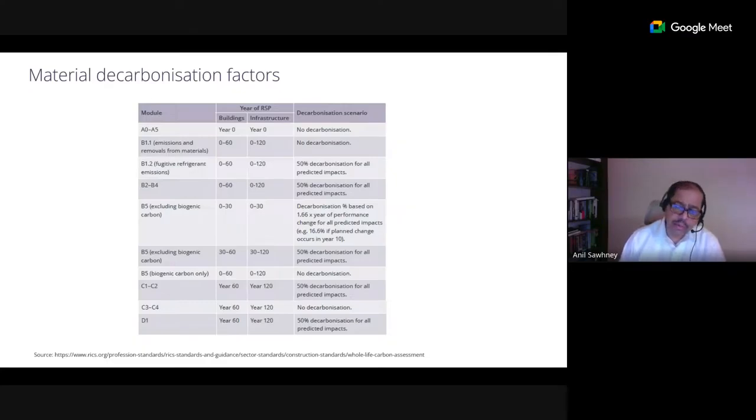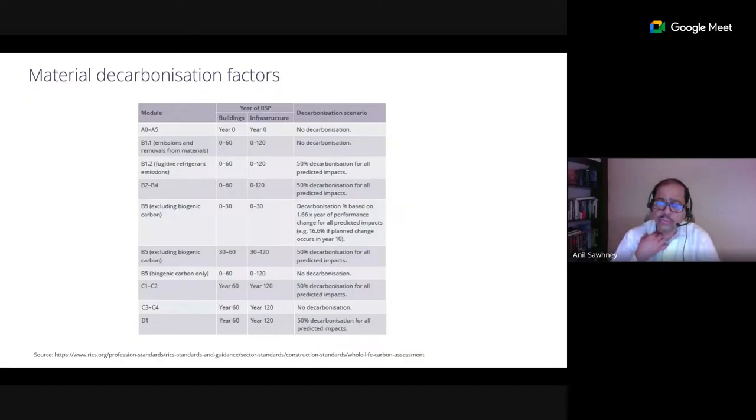Obviously, this doesn't apply to module A because you're doing that today. So it's happening like year 1, year 2. Technology is not going to change that much that you need to assume material decarbonization. So it's zero, no decarbonization for A0, A1, A2, A3, A4, A5. B1 also no decarbonization.